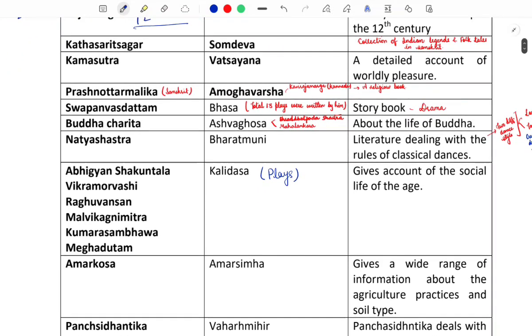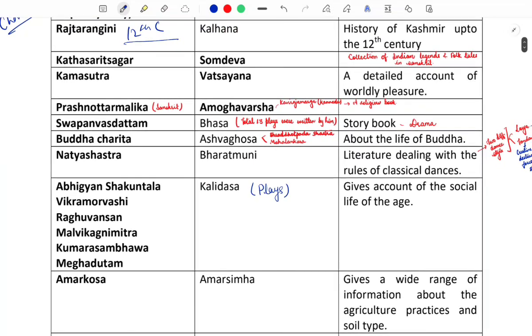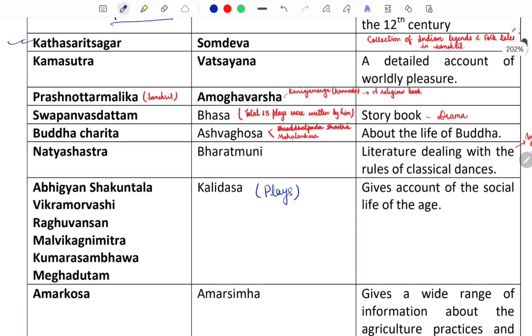Next is Katha Sarit Sagar of Somdev, which was a collection of legends and folk tales in Sanskrit literature. Somdeva just compiled those legends and folk tales in Katha Sarit Sagar. With this name, you can associate the whole thing. Apart from that, the Kama Sutra, you already know, was a detailed account of worldly pleasure.